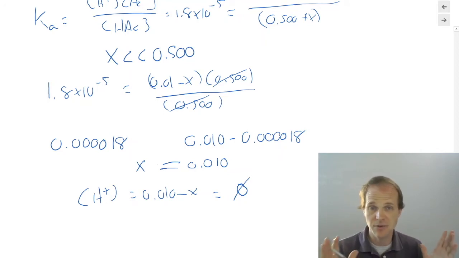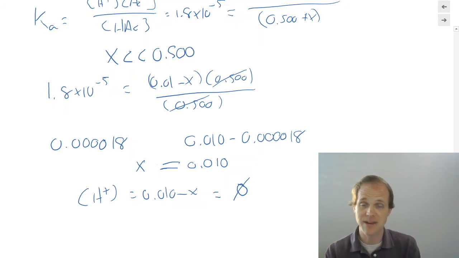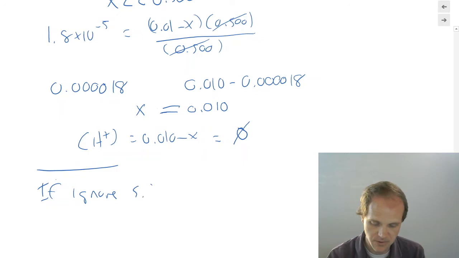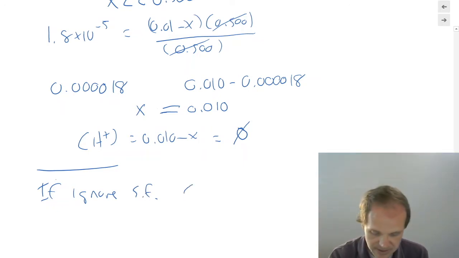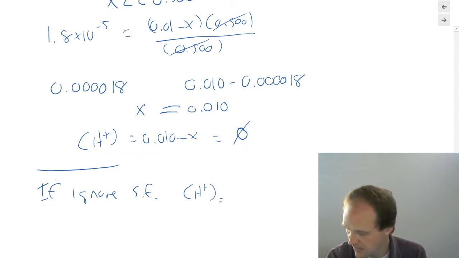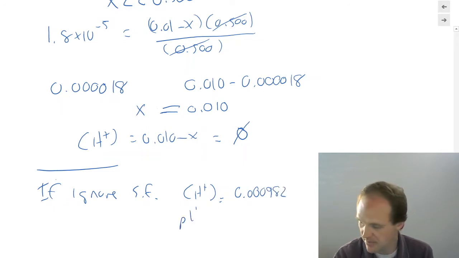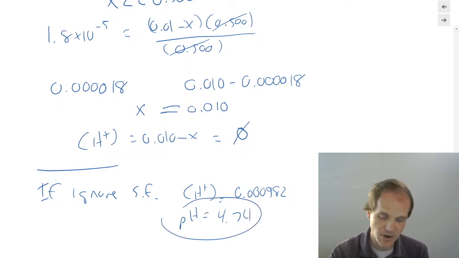Now, it turns out if you go ahead and ignore your significant figures, if you ignore the fact that we don't have the significant figures to subtract 1.8 times 10 to the minus fifth, then you do actually end up with the H plus being 0.00982, 9.82 times 10 to the minus third, and my pH is 4.74, which, hey, that's no change to pH.